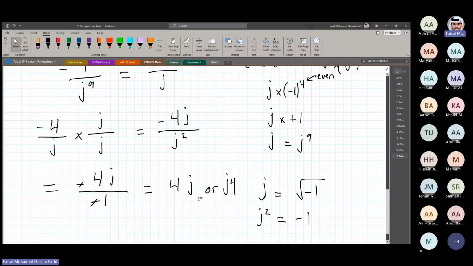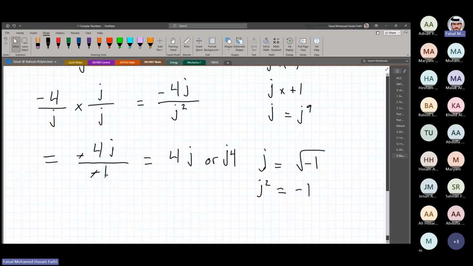It depends. If you're going into electrical or electromechanical, you will use j4 a lot more often. This is how you usually do it in circuits and stuff. In mechanical engineering, you rarely even see this, but when you do, usually they write it this way.